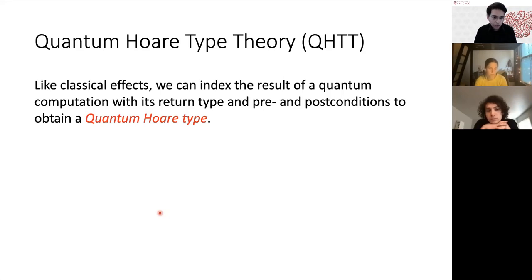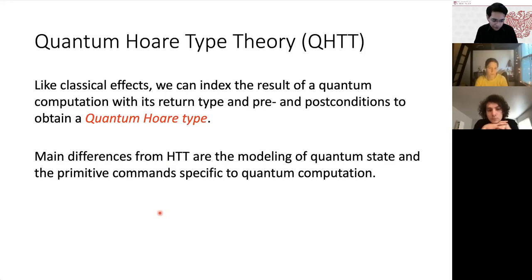So we get a quantum Hoare type. The main difference is obviously in the name: it's quantum. So instead of reasoning about classical heaps or state, we will be reasoning about quantum state here, and the primitive commands that manipulate that state are different. I'll introduce that in the next slides.